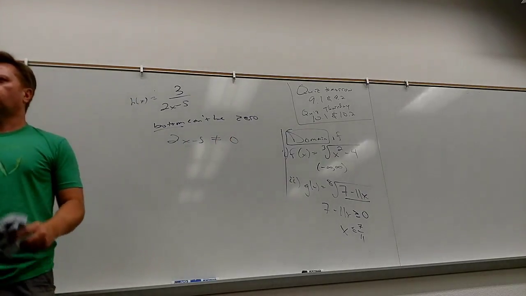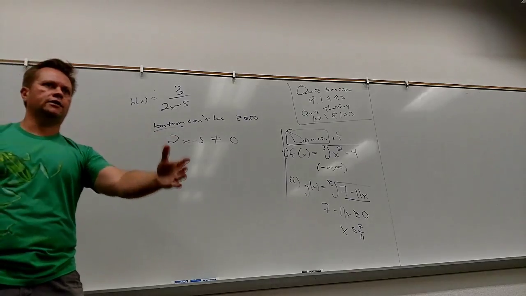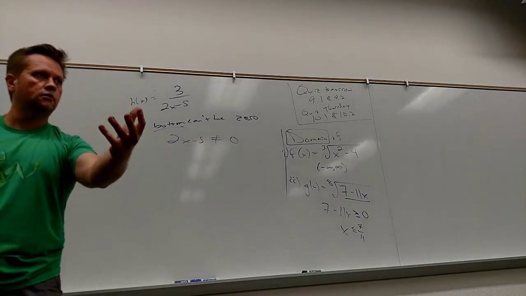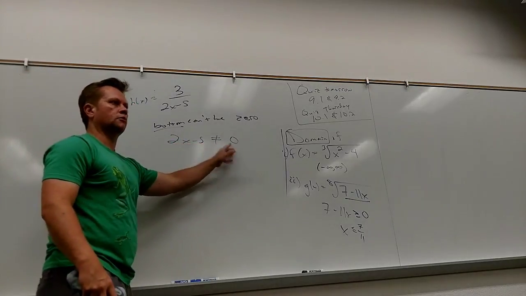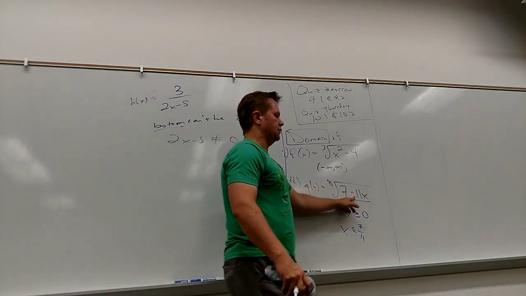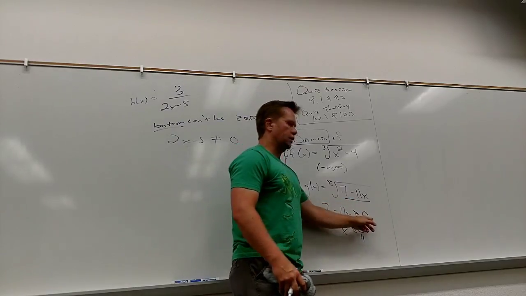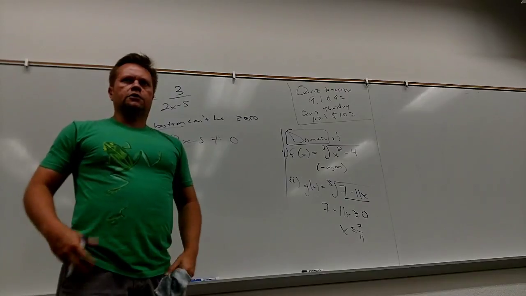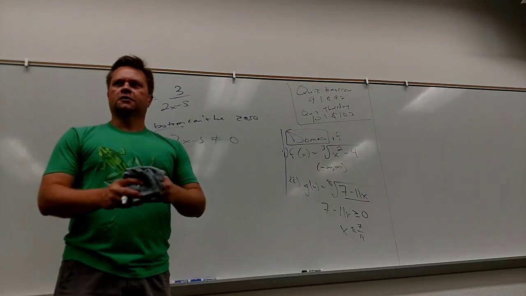People just don't believe it's that simple. But anytime they ask what the domain of this function is, you say in English what must happen. The bottom can't be 0, so write it in math. The inside has to be non-negative, so write it in math and then solve. It's crazy, it's beautiful. English and math working together.